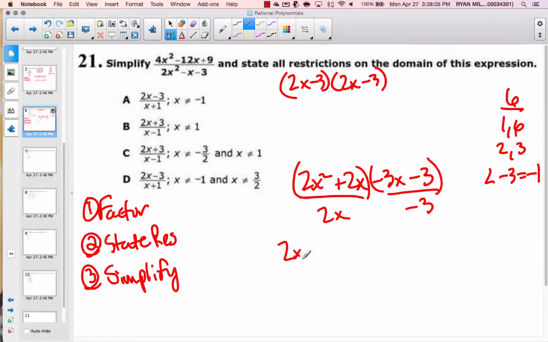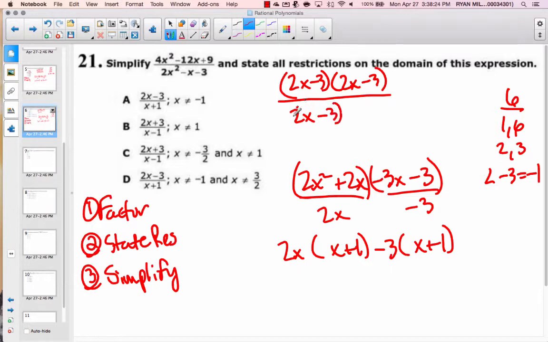So I've got 2x, open, x plus 1. Oh, I forgot my negative 3, so let me erase that. And then I'll have x plus 1. So on bottom, I have 2x minus 3, and I have x plus 1.